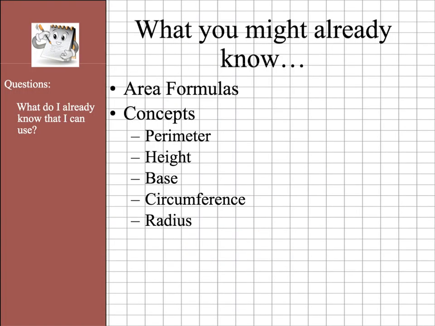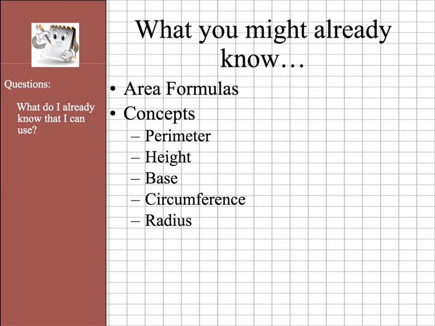All right, so things that we're going to be using: the area formula is really, really important. You're still potentially going to use perimeter if you're talking about regular polygons, circumference if you're dealing with circles, height, base, radius.